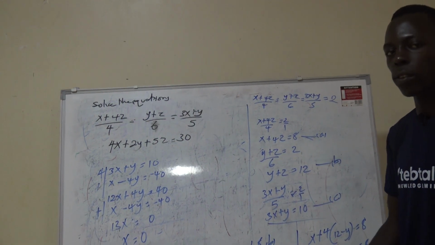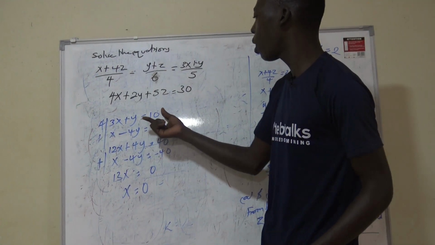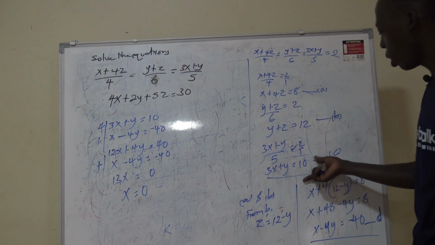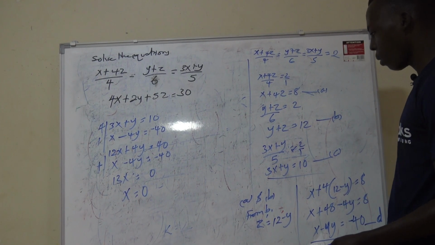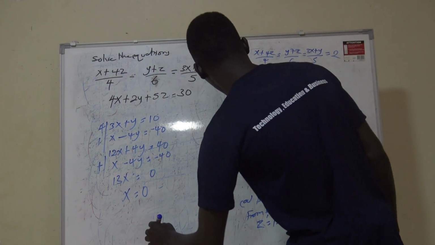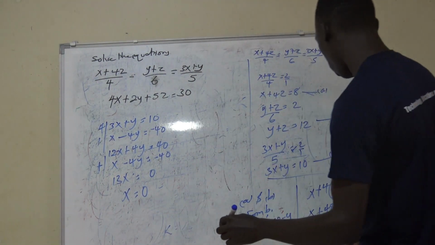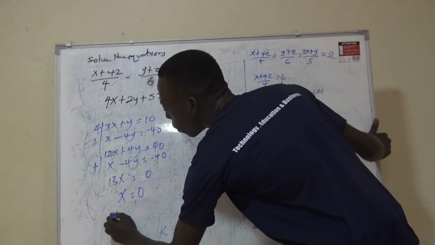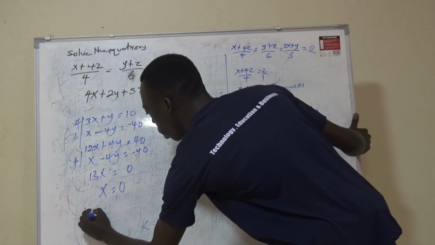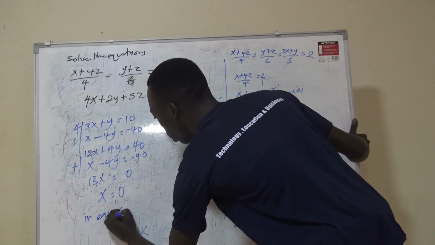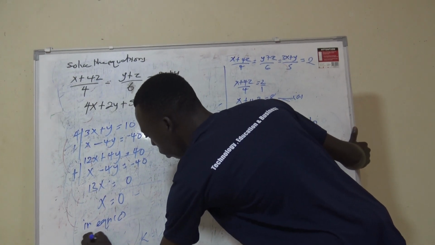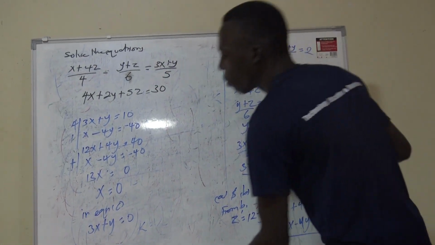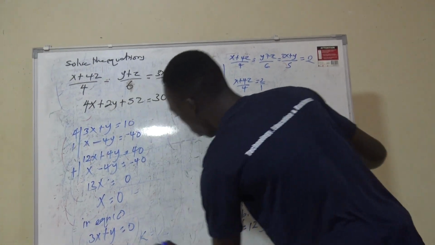After getting x as 0, substitute in either equation D or C, and you get the value of y. When you put x in equation C, you find that 3x plus y equals 10, and by putting x as 0, y equals 10.